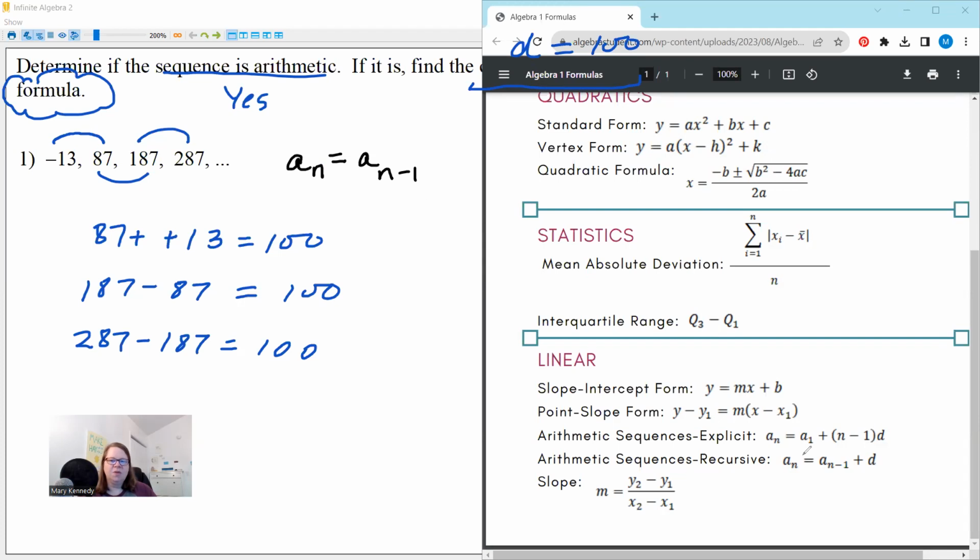Nope, I'm pulling from the wrong one. Let me fix that. I thought, oh, that doesn't sound right. A sub n equals a sub 1 plus n minus 1 times d. Okay, so right here, that's what I grabbed. Okay, so now I can move that off the screen.